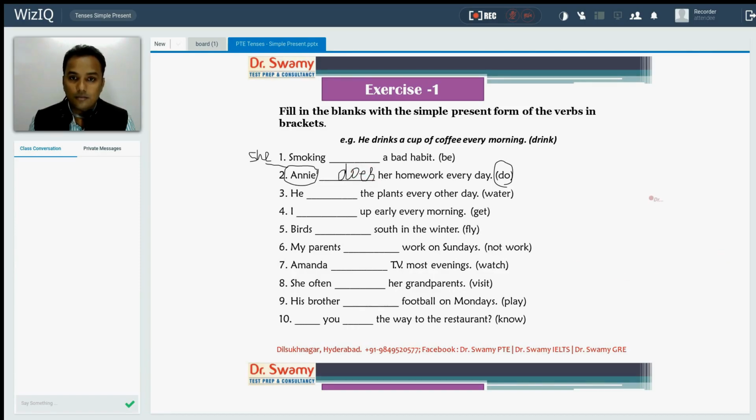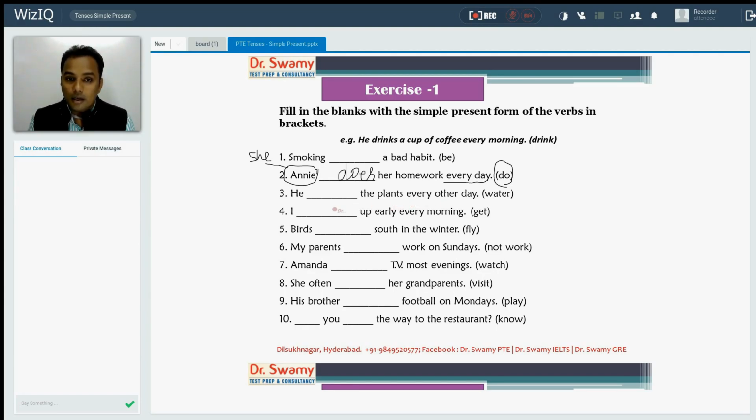So she does her homework every day. Look at the adverb of frequency, every day. That indicates it should be used in simple present tense. Simple present tense means the verb in first form, and the subject is she, so you have to add es to the verb. This is the way you need to think.